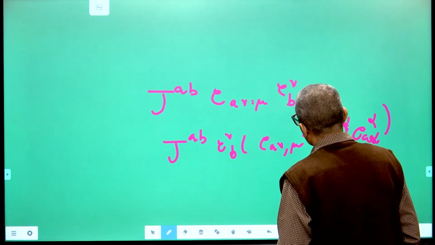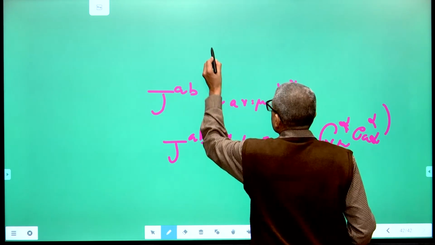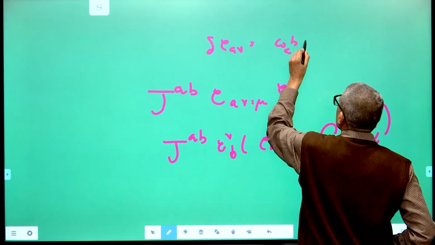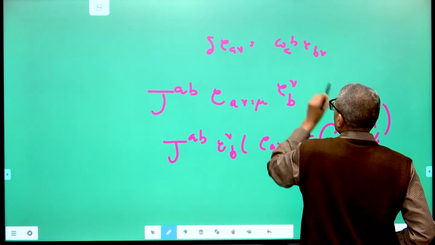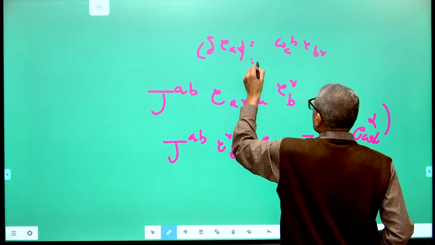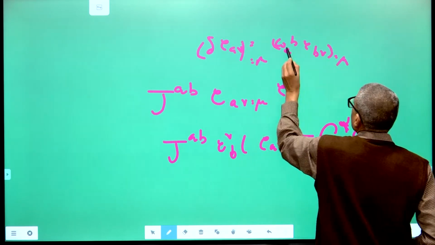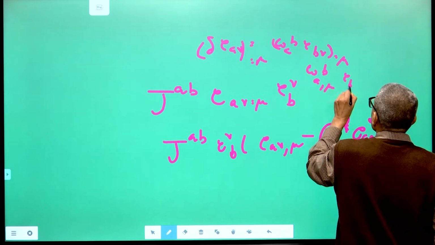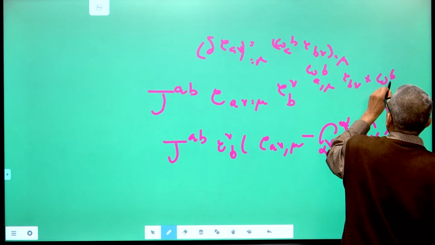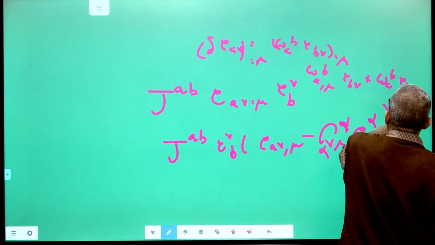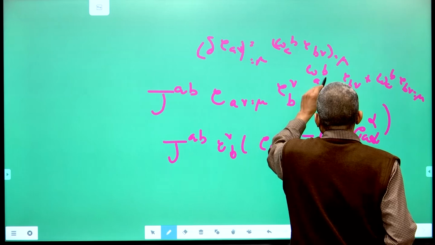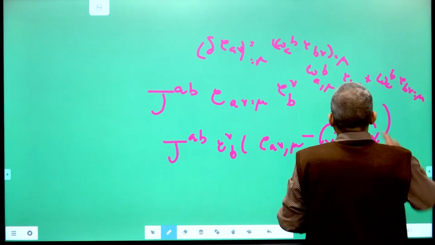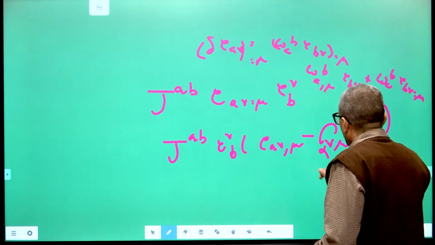But you should note that if you look at δE_A^ν, this is equal to ω_AB into E_B^ν. If you take the covariant derivative of this with respect to μ, this will not touch ω_AB. It will be ω_BA comma μ E_B^ν plus ω_BA into E_B^ν double dot μ. That is because ω consists of local Lorentz indices A and B, they act as scalars, and the covariant derivative of a scalar is an ordinary derivative.